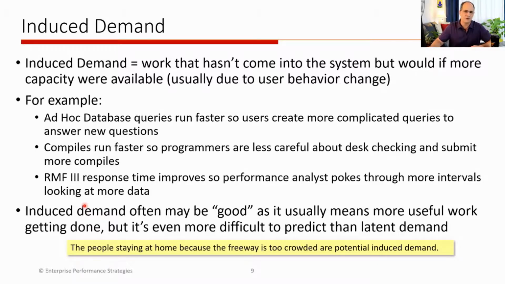So just be careful of that, because a case we often see is customers that have a lot of latent demand, they have resource capacity constraints, but then as they get more capacity, or maybe the caps are taken off, users say, oh, look, everything's looking great now, I'm going to do more work. And that more work, yes, it has to get done, but sometimes it ends up being more because things are faster. So just be careful of that.